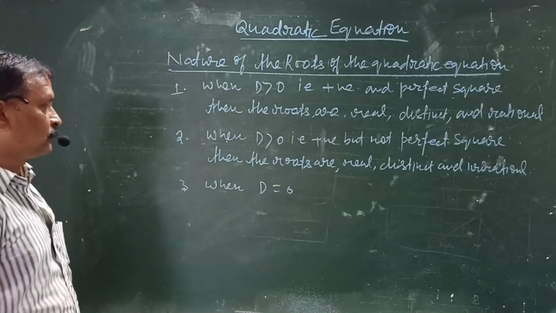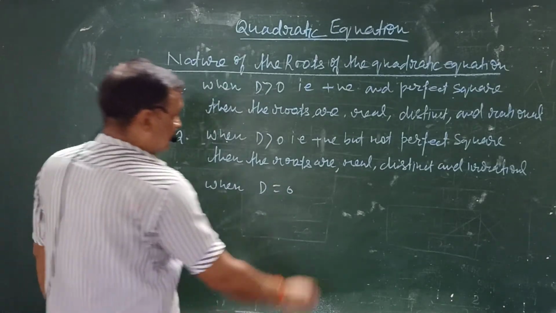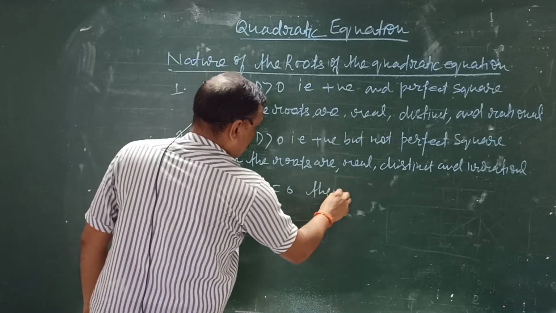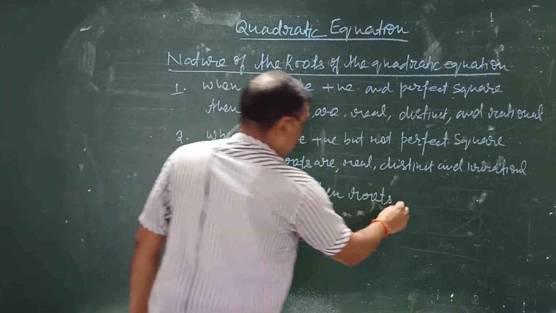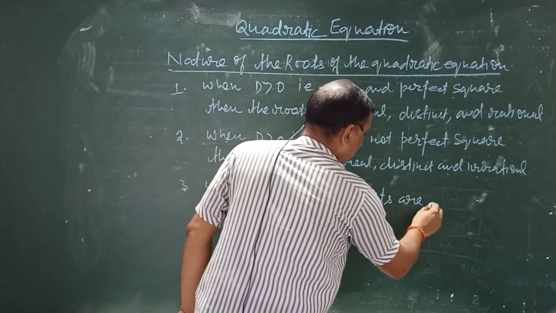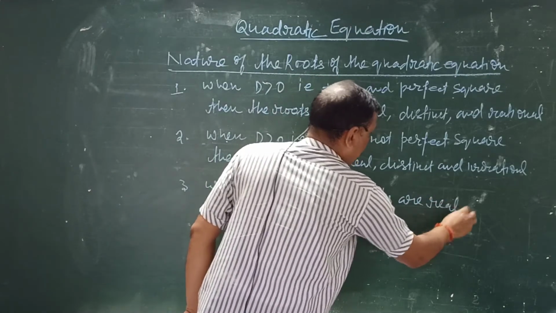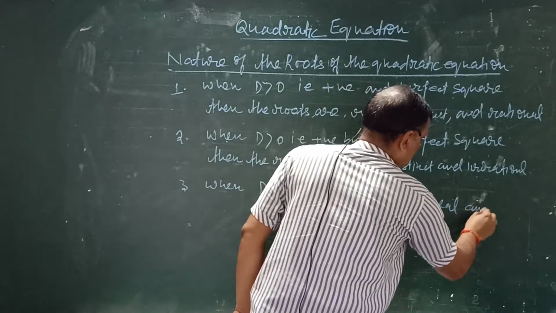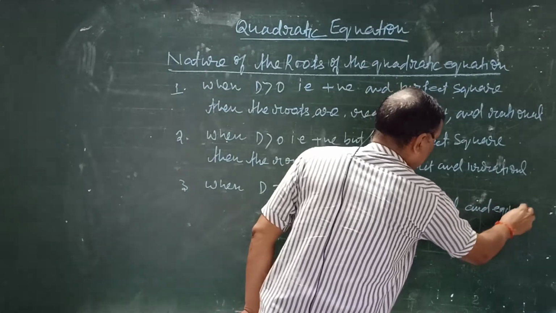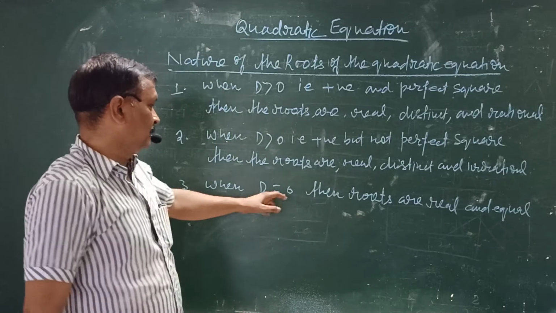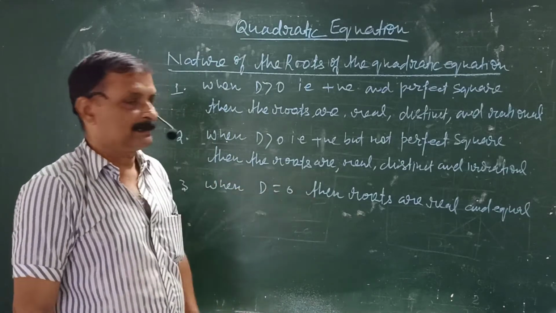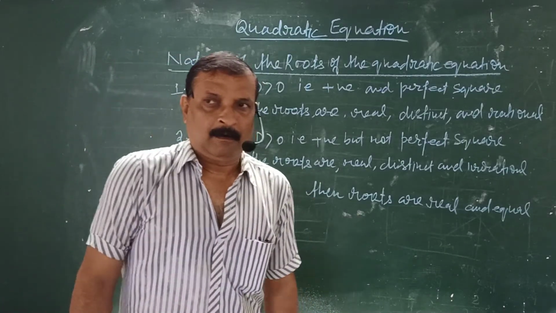When D is equal to 0, then the roots are real and equal. It is the third point. When D is equal to 0, then the roots are real and equal.